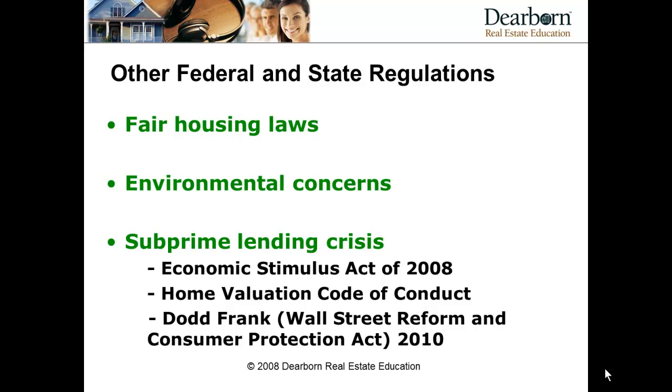Now, Fannie Mae took actions that implemented this HVCC, the Home Valuation Code of Conduct, to improve accountability in the appraisal process, which, as I alluded to earlier, more strictly regulated who could interact with appraisers and how they could interact with them, in terms of a firewall, if you will, between people who have an interest in the outcome of an appraisal and the appraisers themselves.